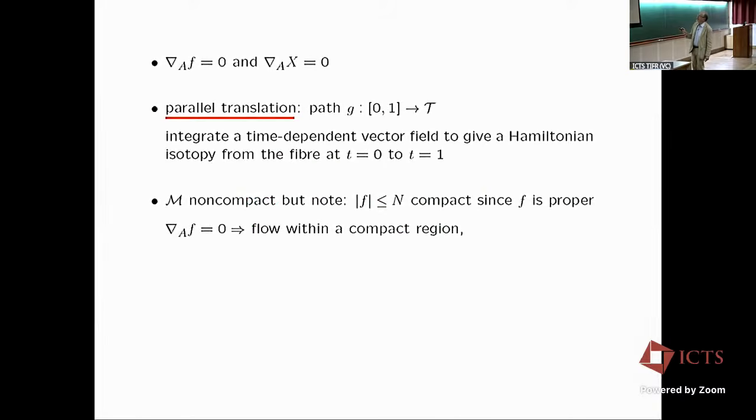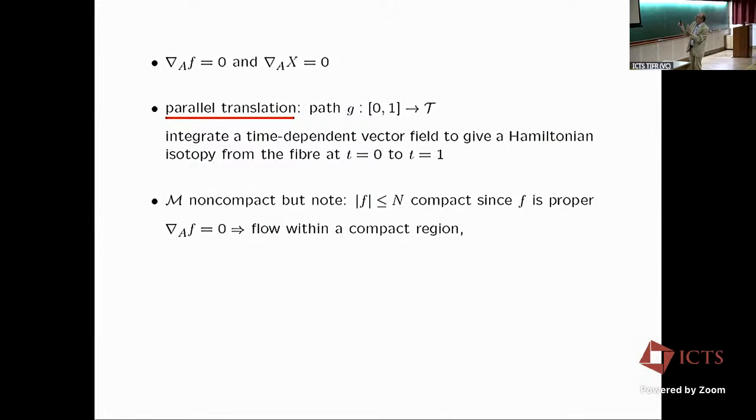First of all, what we know is that the covariant derivative of the function f, which generates the vector field, is 0, and so the covariant derivative of the vector field x is 0. But also, we can define parallel translation with the connection. What does that mean? It means you have to integrate a time-dependent Hamiltonian vector field to give a Hamiltonian isotopy from the fiber over t equals 0 to the fiber t equals 1.